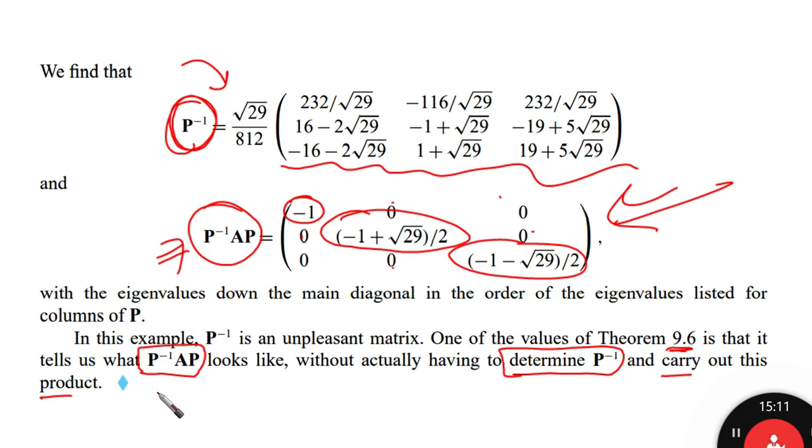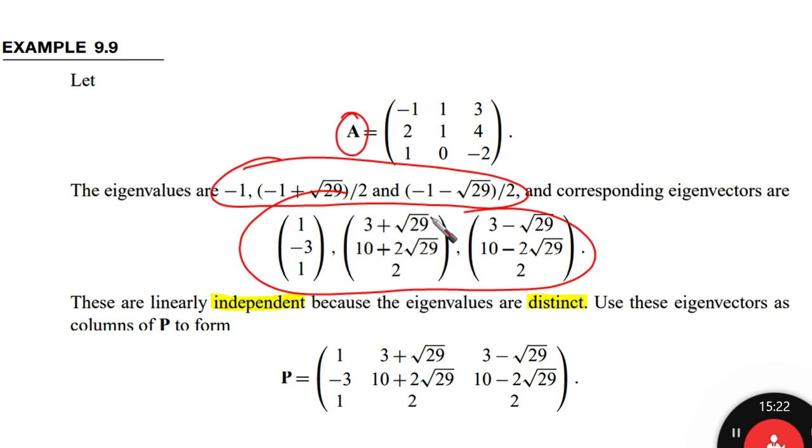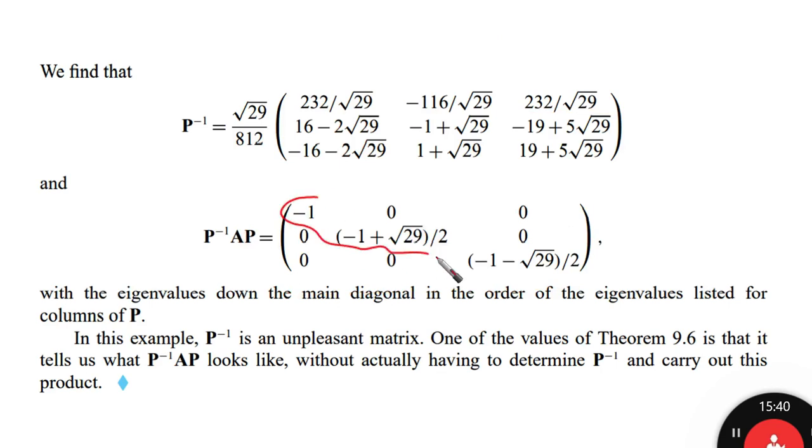So just, if we have, for example, the matrix A, the eigenvalues and the eigenvectors, then without any calculation, we can write P minus 1 AP simply by putting the eigenvalues on the diagonal and zeros on the off diagonal.